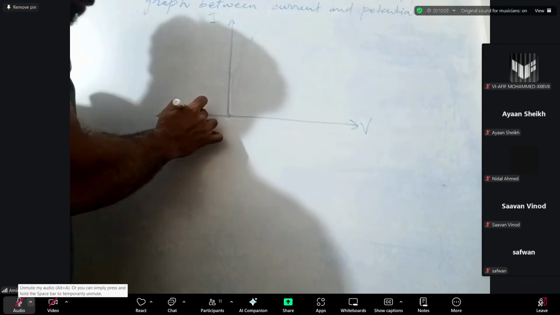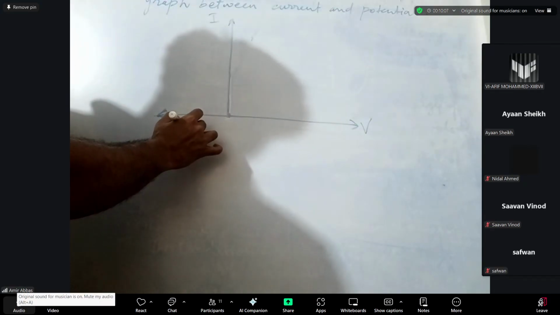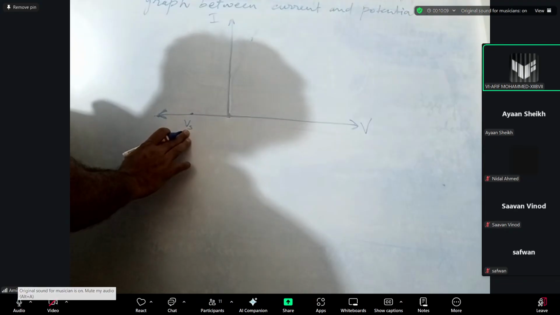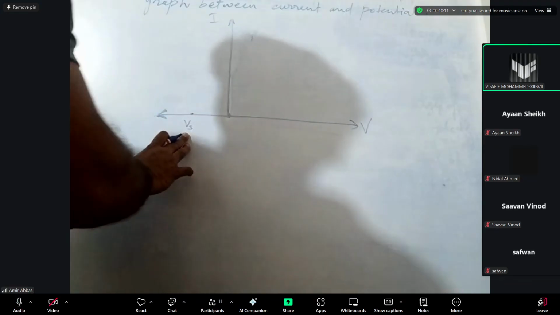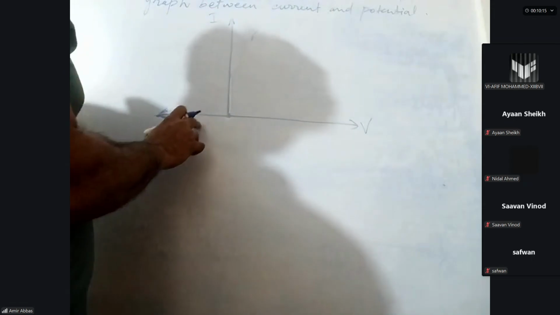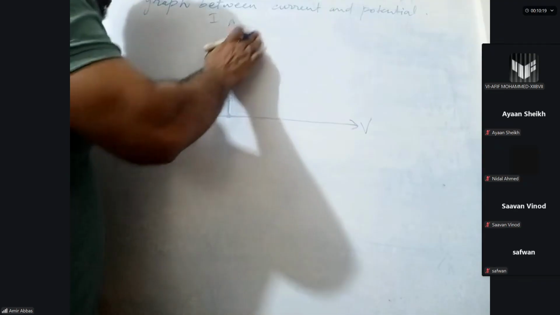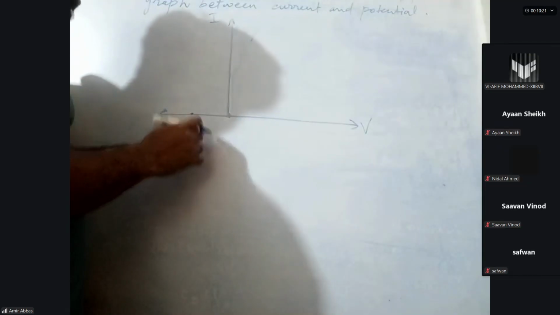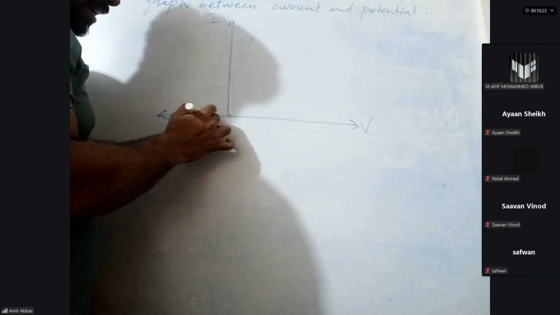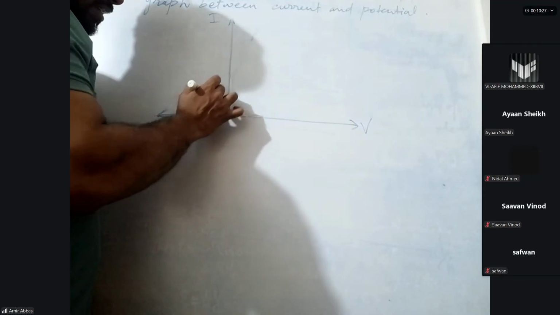At that negative potential, the current will become zero. That is our stopping potential, cutoff potential. At this point, the current is zero. After that, if we increase the voltage in this direction, the current starts increasing.